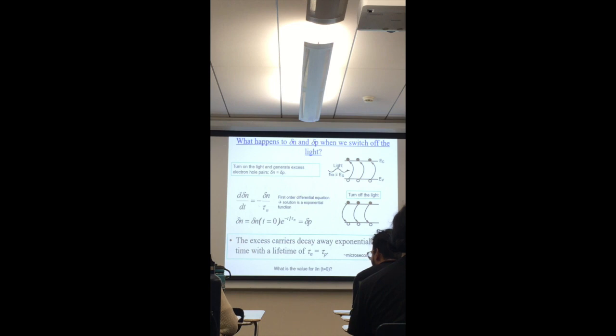So with that, we can understand how the excess carriers change with time. If we turn on the light, we generate excess electron and hole pairs, so delta n will be the same as delta p. If we turn off the light, these excess carriers will decay, and the decay rate is related to a certain constant, the recombination lifetime.